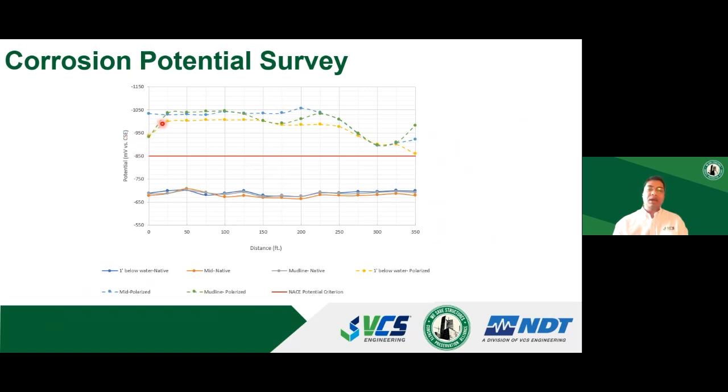It goes very negative as compared to the native potential. The horizontal line you see here is the criteria set by AMPP or NACE. That is essentially the minimum potential you require for good cathodic protection or corrosion mitigation. So in this case, all the locations on the sheet pile wall are meeting the NACE criteria and are being protected against steel corrosion.